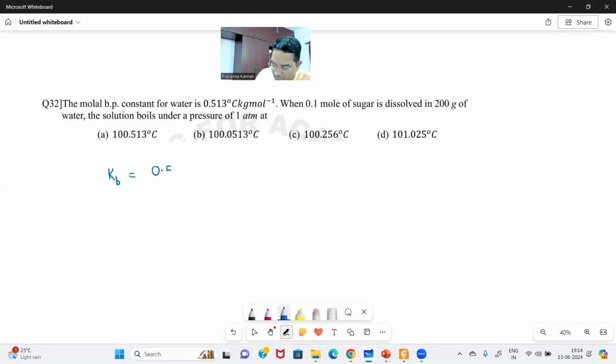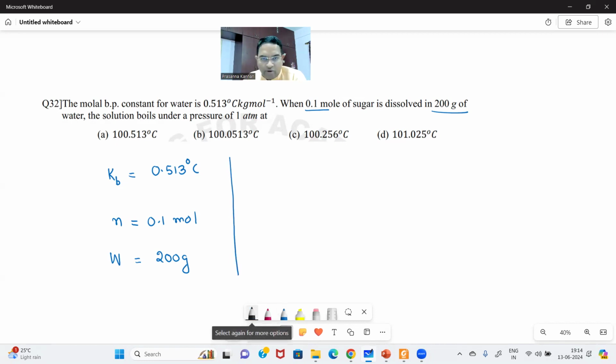When 0.1 mole of sugar is dissolved in 200 grams of water, so the mass of the solvent is 200 grams, right? At what temperature does the solution boil?